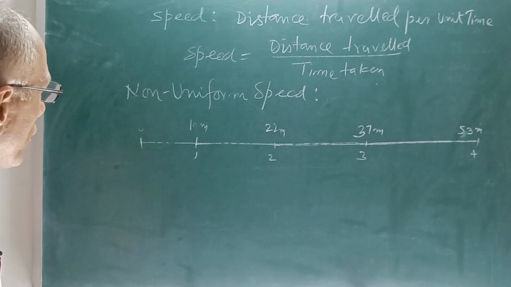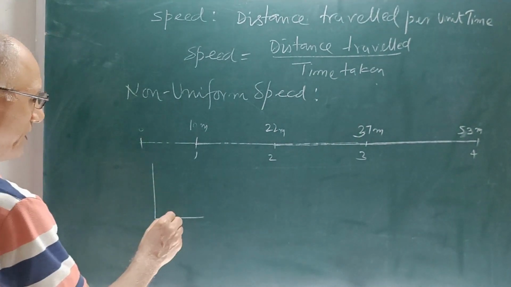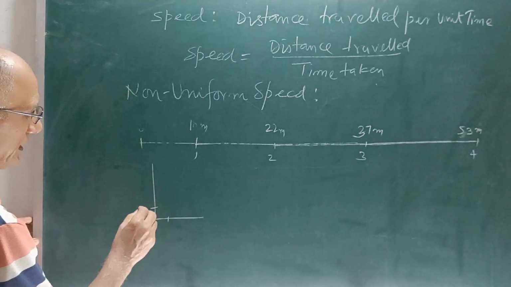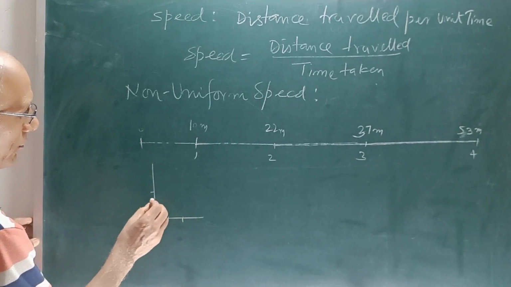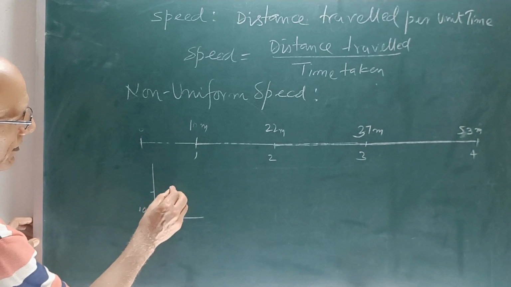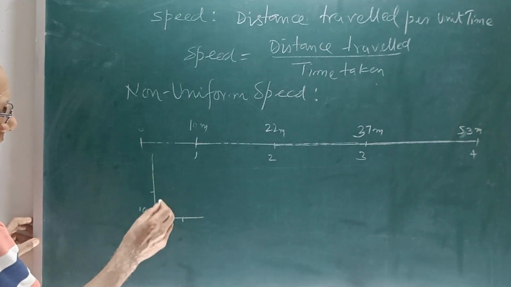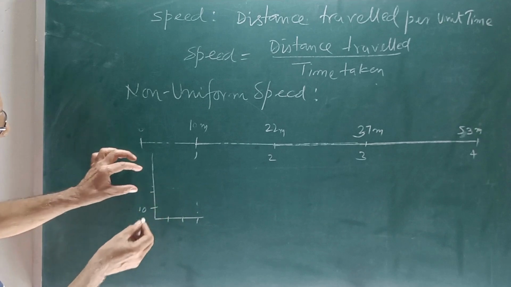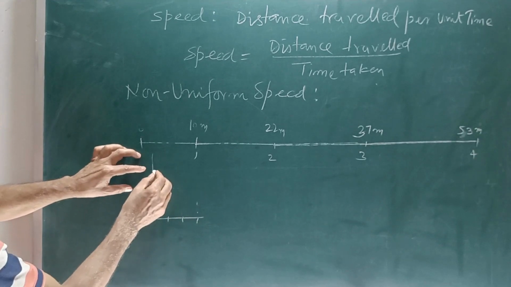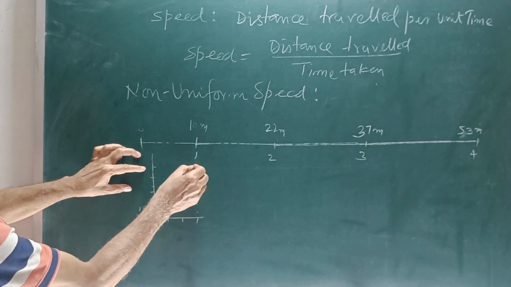If you try to draw the graph, so it is 1 second, suppose 10 meter, in the next 1 second it is moving not 10 but more than 10, so somewhere here. In the next 1 second he is moving, this is 30, then more than this it is moving somewhere here, that means the point is going this way.